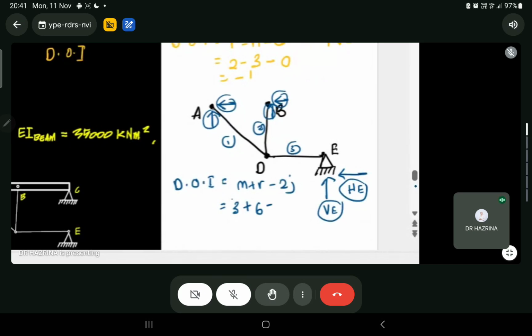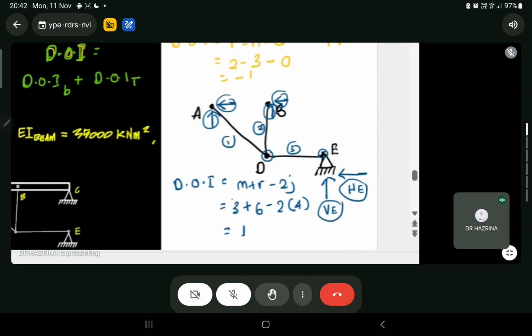So 6 tolak 2 darab join. How many joins do you have? 1, 2, 3, 4. Okay. So you ada 4 join. So basically you ada 9 tolak 8, you ada 1. So untuk nak kira total DOI, so you punya DOI total adalah bersamaan dengan you punya DOI beam campur DOI truss.